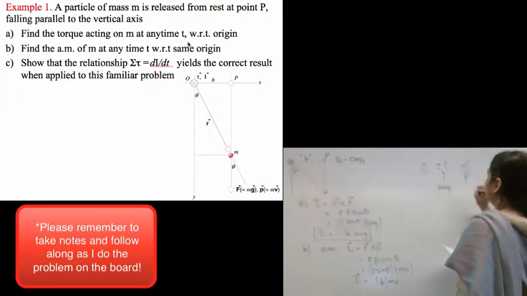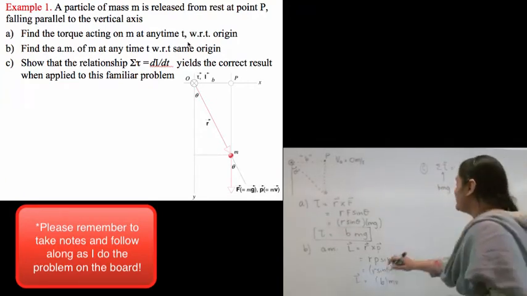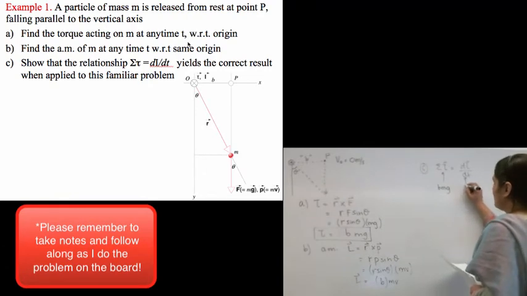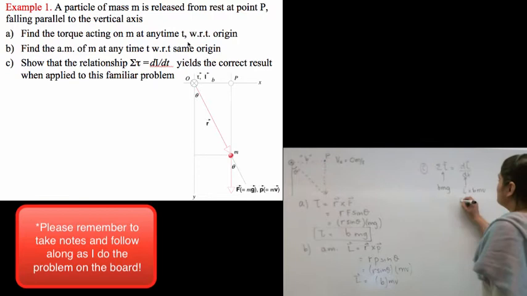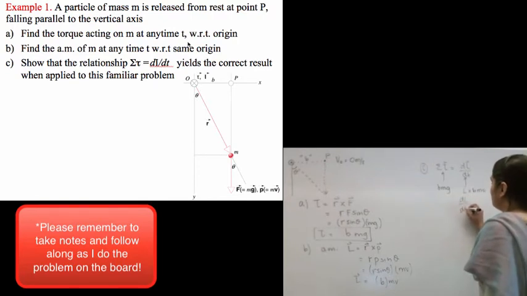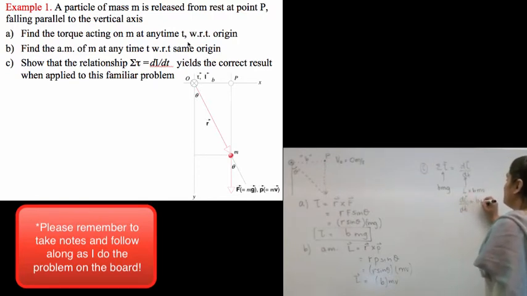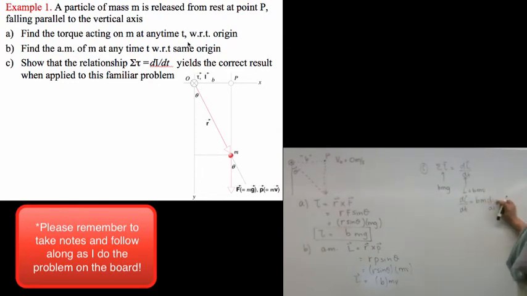Okay, for this one, what is it going to be? So I have this L, and L is Bmv, right? So dL over dt is going to be Bm dv over dt, okay? Because v is a function of time. As it falls, it speeds up, right? We know that.